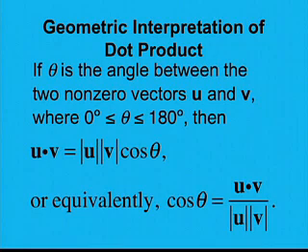Or equivalently, we can say that the cosine of theta is equal to u dot v divided by the product of the magnitude of u and the magnitude of v.